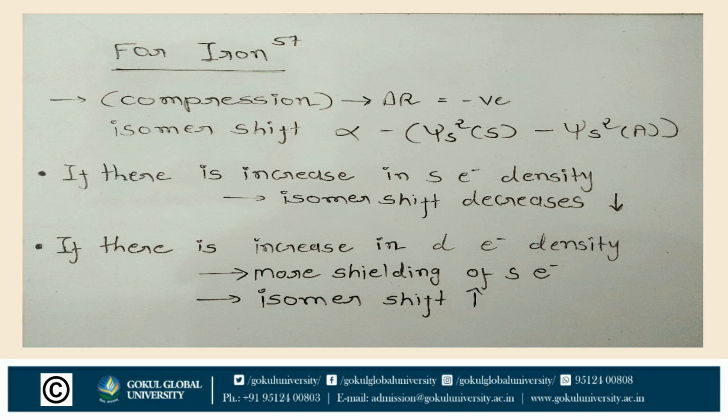If s electron density increases, the isomer shift will decrease, and if it decreases, the isomer shift will increase. If there is an increase in d electron density, it will cause more shielding of s electrons, so s electron density decreases and the isomer shift will increase. This is the case of iron 57.